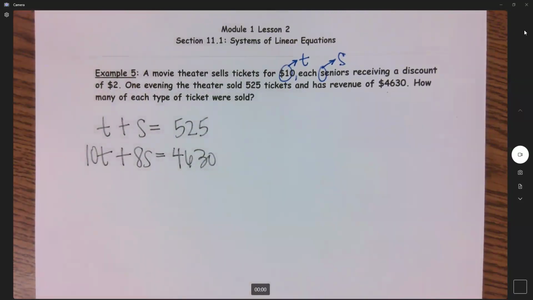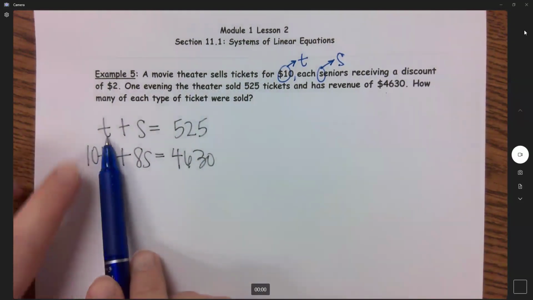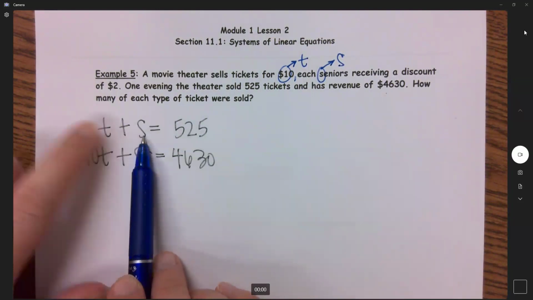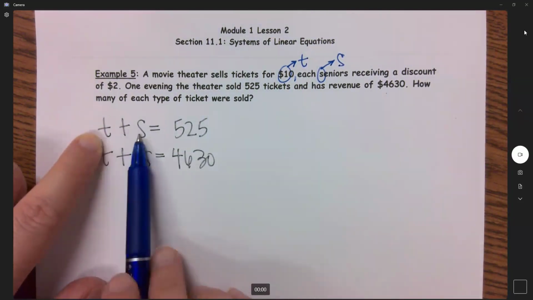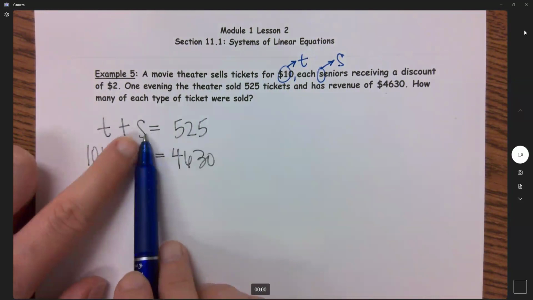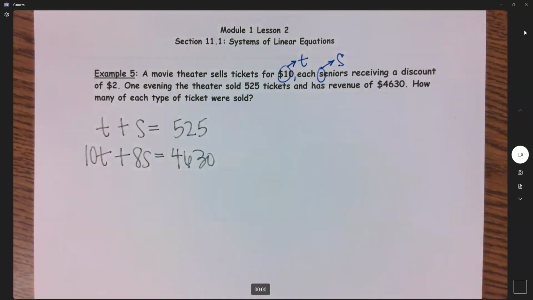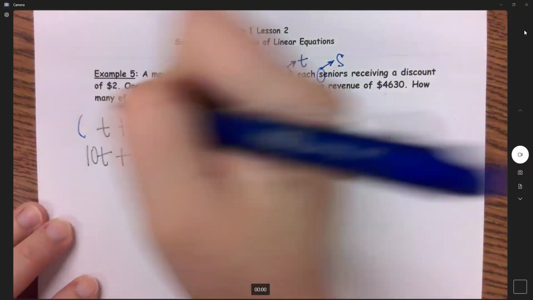So now let's solve. This one's not bad to solve by substitution if you wanted to. You could solve for T by subtracting the S over, or solve for S by subtracting the T over, and that would be fine. I'm going to solve this one by elimination, since it's in the elimination category.